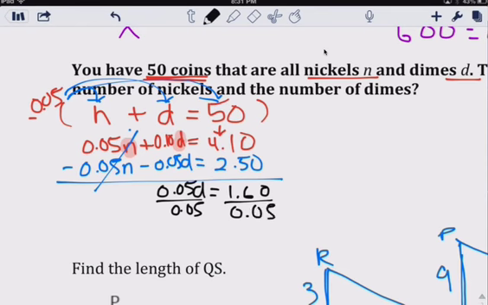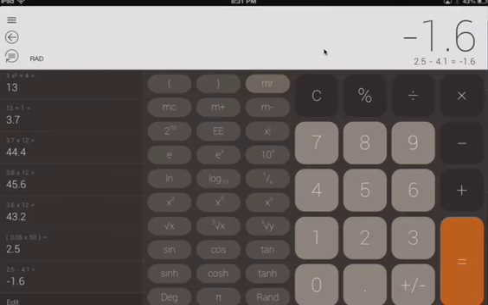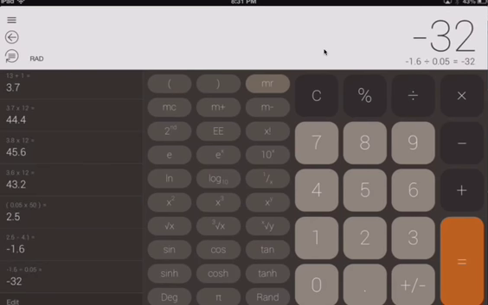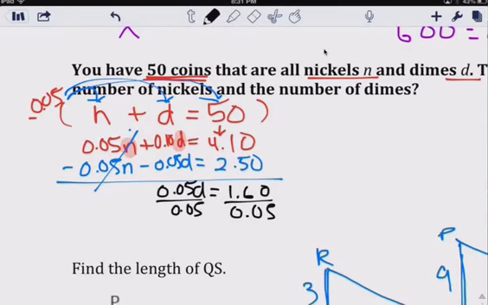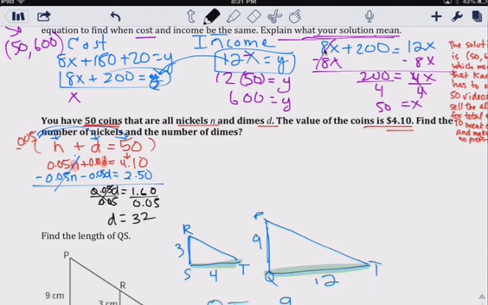Divide that by 0.05. 32. Positive, because these are both positive, not the negative that's on the calculator. 32 dimes. Aha, because D stands for dimes. 32 dimes. That's $3.20, because a dime is 10 cents each.